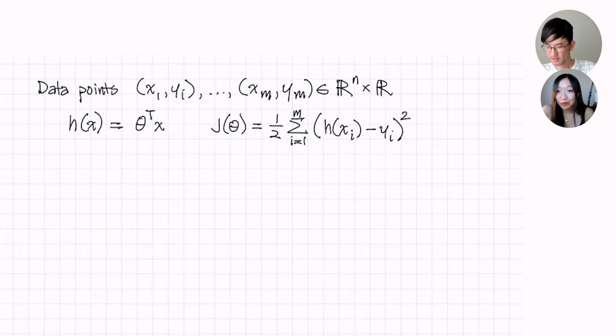Perfect. And why would we want to use the squared loss instead of just the sum of the residuals, which would just be the same thing but without the square? Yeah, that's a good question. So the squared loss is good at penalizing particularly bad predictions.